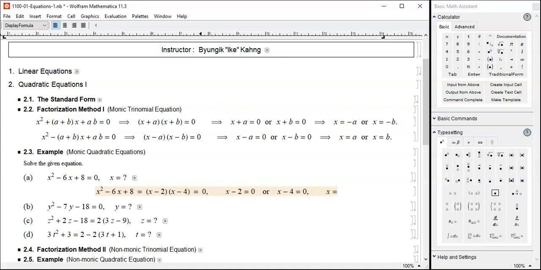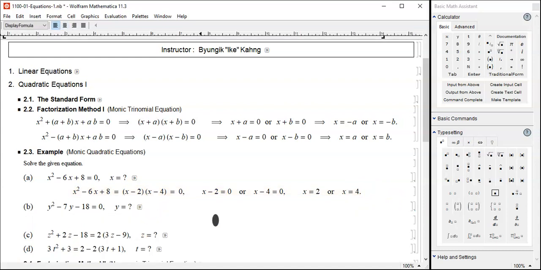That is, x is equal to 2, or x is equal to 4. We have two solutions like this. Please make sure that we have sign change. X minus 2, then x is plus 2. X minus 4, then x is plus 4.